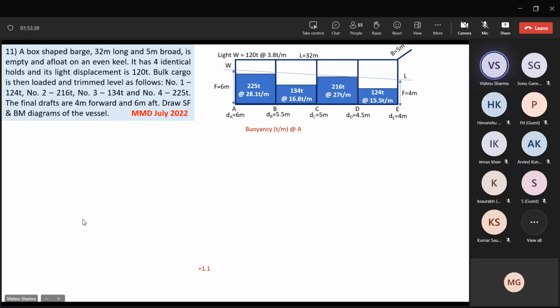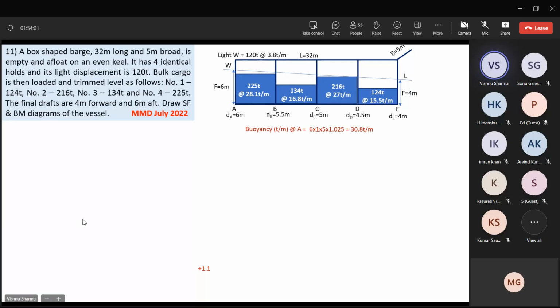If the draft of 6 meters is for 1 meter length, then it will be 1 meter length into the breadth of 5 meters into 6 meters draft, that is the volume, multiplied by density. Since it's seawater, multiplied by 1.025.